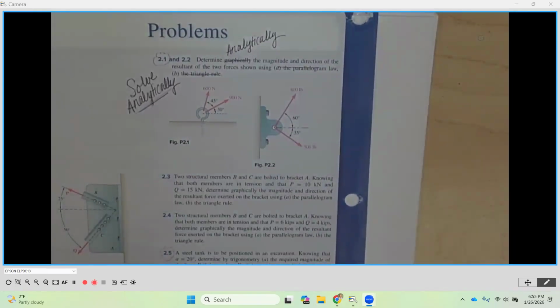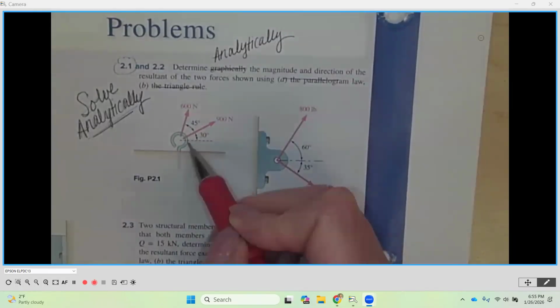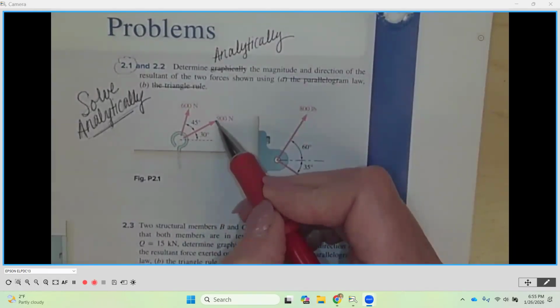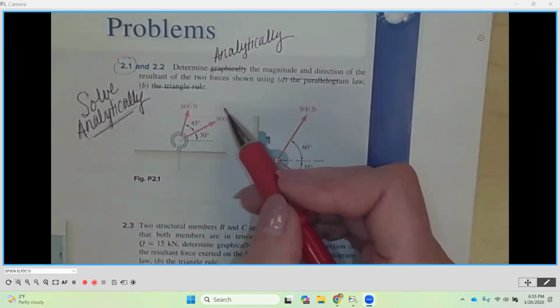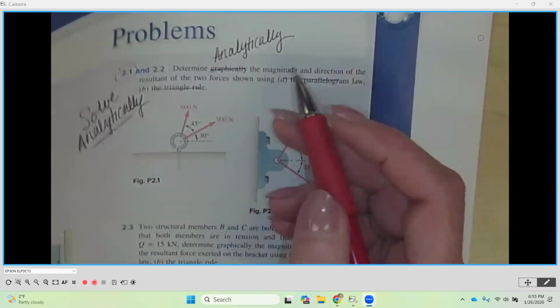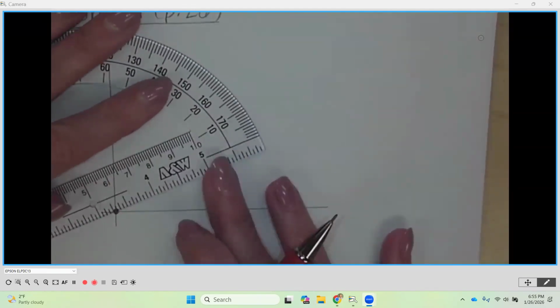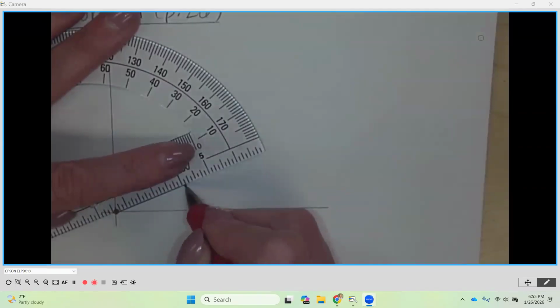I'm going to start by drawing the 900 Newton force first, from horizontal at 30 degrees. At the tip of my 900 Newton force, I'm then going to draw the 600 Newtons going straight up, just like the first sample problem that we did. I'm just using my straight edge to get decent lines. So this is going to be 900.